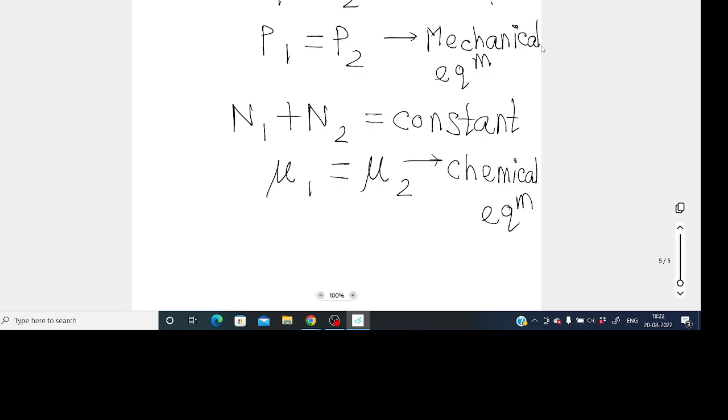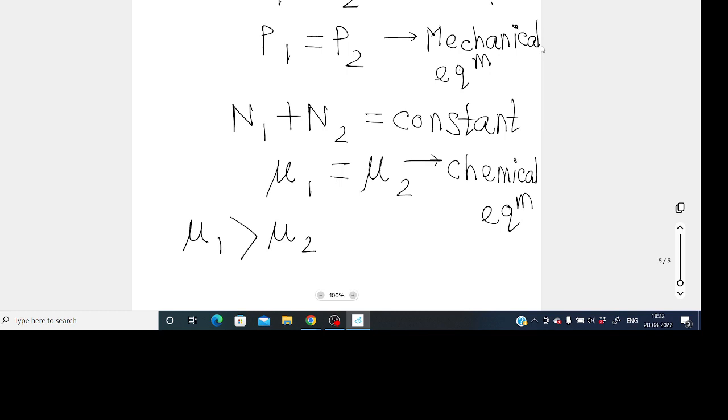Suppose you know that temperature is the driving force of heat energy. You know that heat flows from high temperature to low temperature. Similarly, you have chemical potential as the driving force of particles. If the chemical potential of subsystem 1 is greater than the chemical potential of subsystem 2, then what will happen?